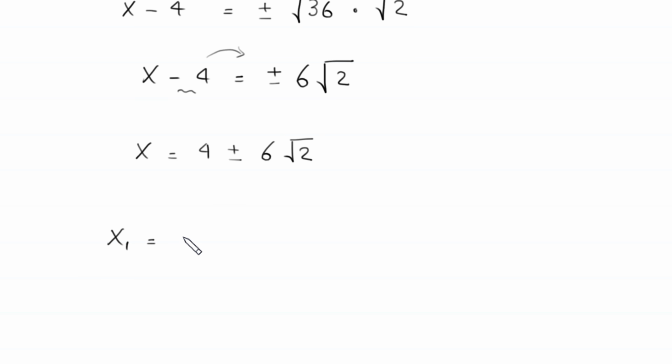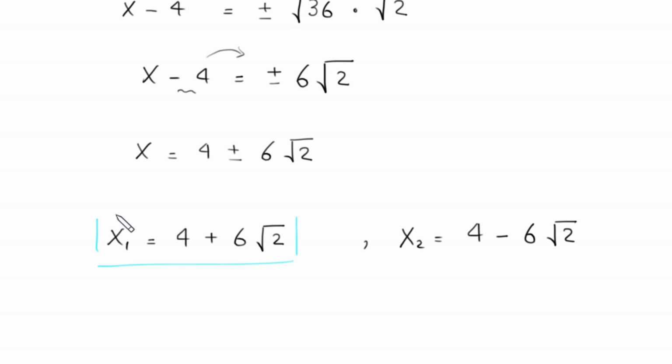X1 is equal to 4 plus 6 times root 2, and x2 is equal to 4 minus 6 times root 2. So finally we get two solutions for this equation. X1 is equal to 4 plus 6 times root 2, and x2 is equal to 4 minus 6 times root 2.